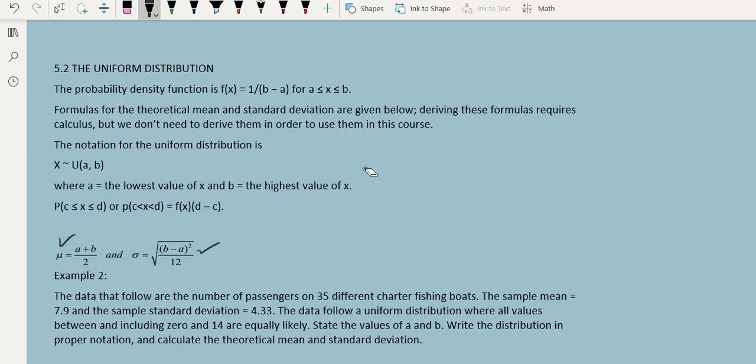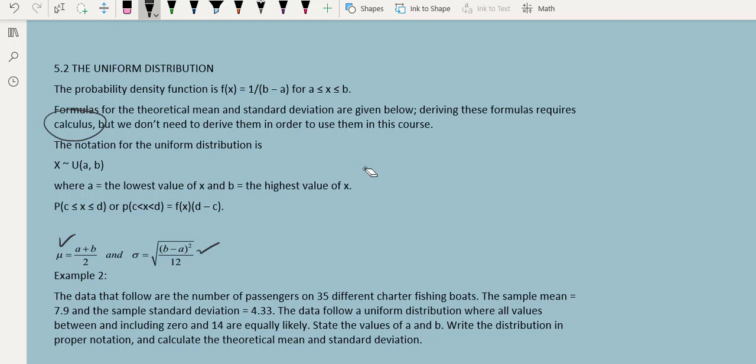These again will be our theoretical standard deviation and mean. We usually derive this from calculus, but we don't need to derive them for this course. We only need to know how to use the formulas.